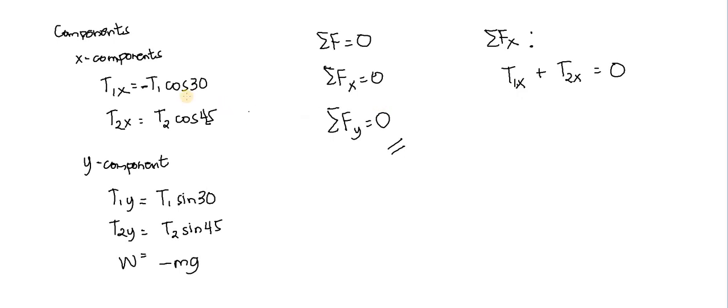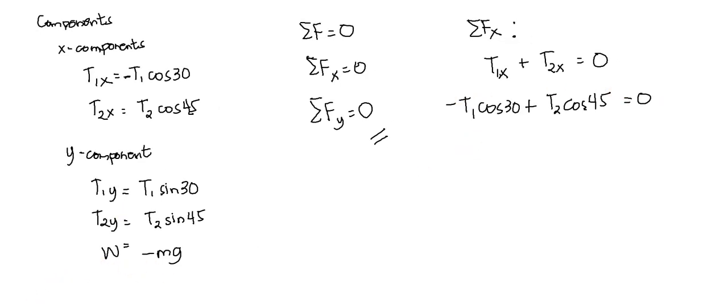So t1 sub x is negative t1 cosine of 30 plus t2 sub x is t2 cosine of 45. This is equal to 0. Again, we just substituted the value of t1 sub x and t2 sub x.